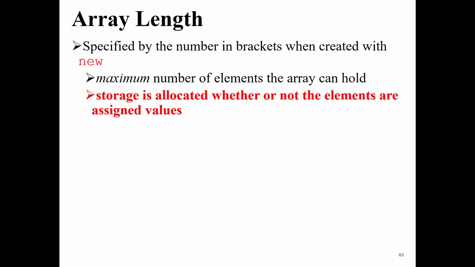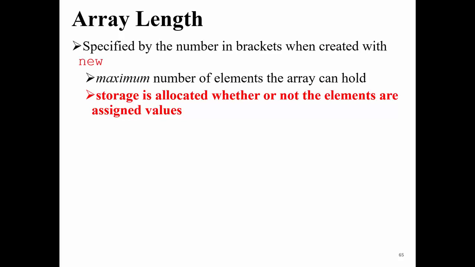Array length is one of the attributes that makes people say that an array is an object, not a primitive. As I mentioned, it's close to an object, but it is not an object. So when you create a new array, you have to specify the maximum number of elements inside your array.